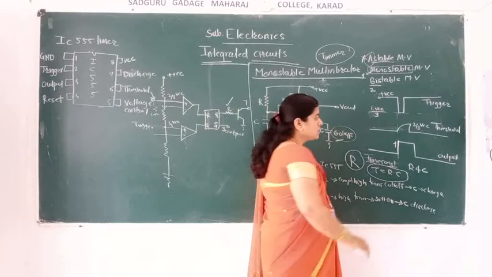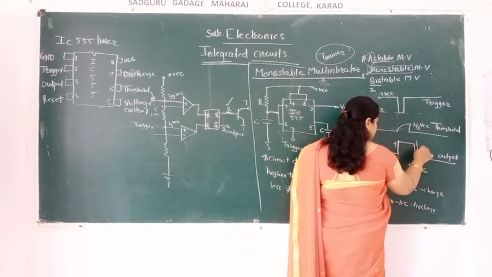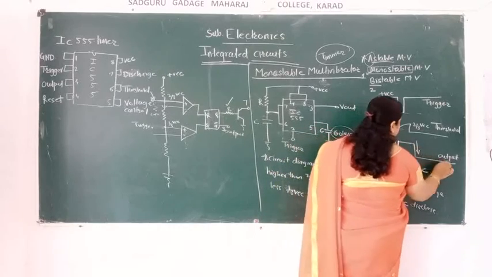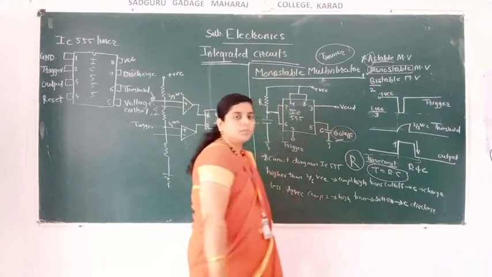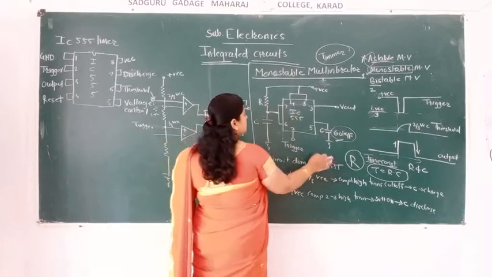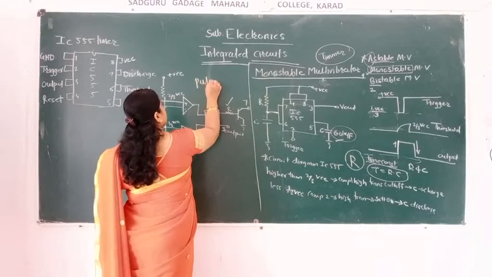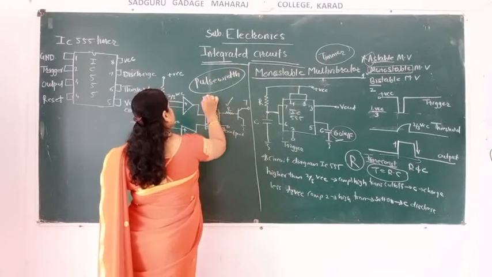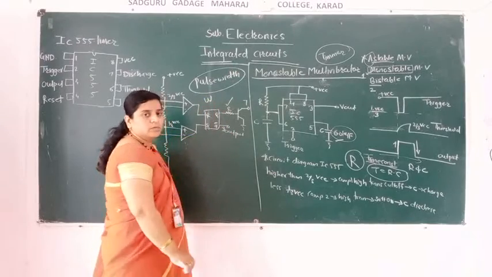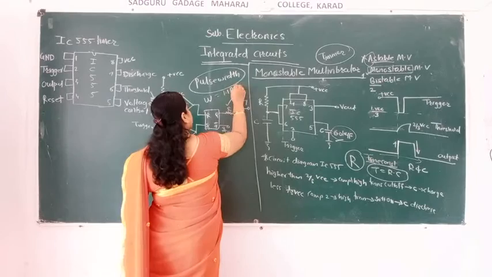Then afterwards, after 2/3 the capacitor will be discharged. Therefore this output will be given as a pulse width. This monostable multivibrator's output is always given as a pulse width, denoted by W. So W is equal to 1.1 R into C.